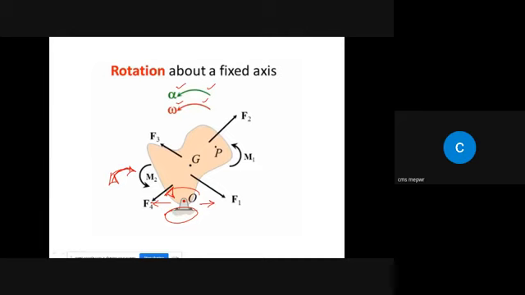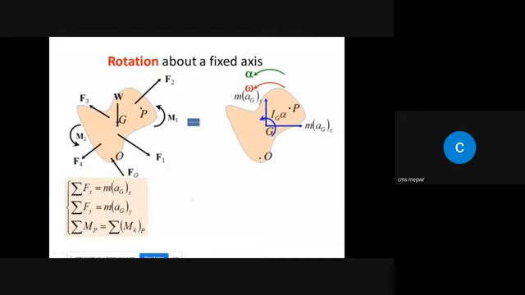If you want to draw its free body diagram, then instead of that pinpoint, we will show the force. Instead of the support, we will show the force that it causes, which basically stops it from translation. Okay, so the same equations will be applied: summation of forces in x direction, summation of forces in y direction, and the summation of moment about any random point P, and you know that that is equal to the summation of kinetic moment about any random point P. That random point P can be anywhere.